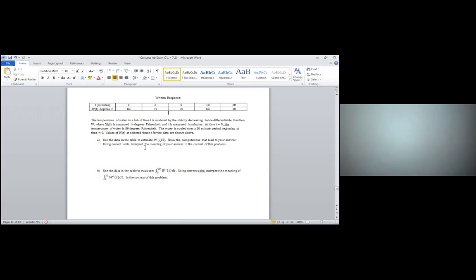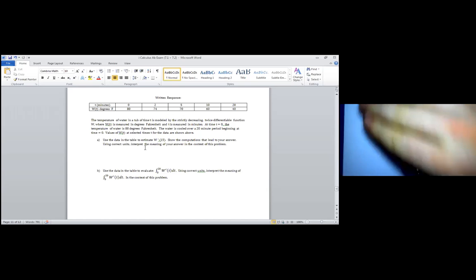Using the correct data, estimate W prime of 15. Show the computations that lead to your answer, yada, yada, yada. You should know how to do this. It's the same part A as all of them. So what are we doing in part A? You would find the slope of the points.